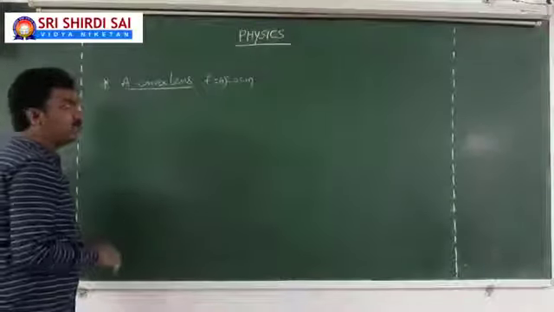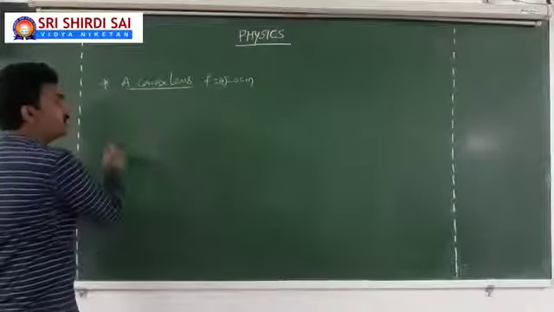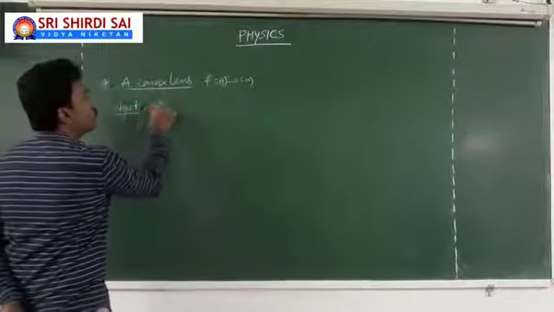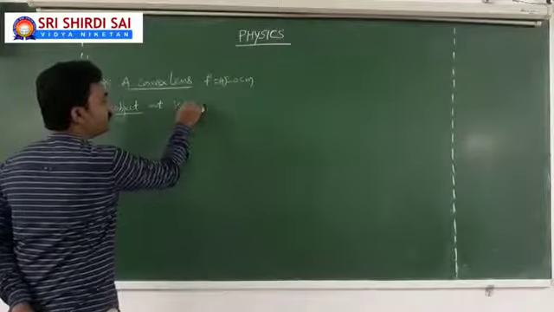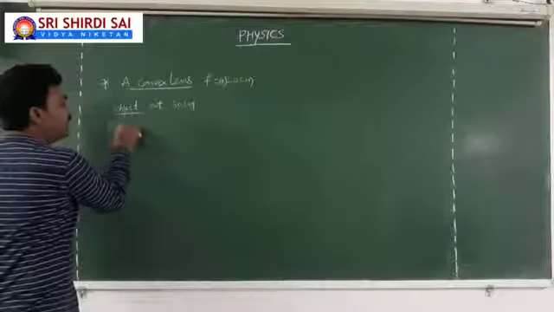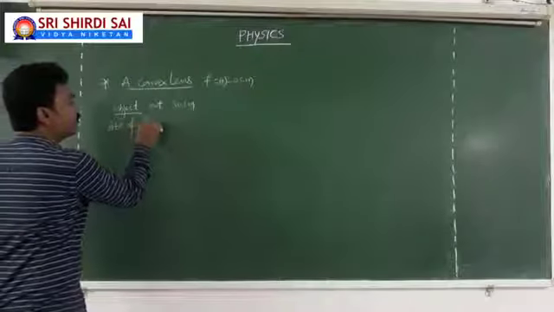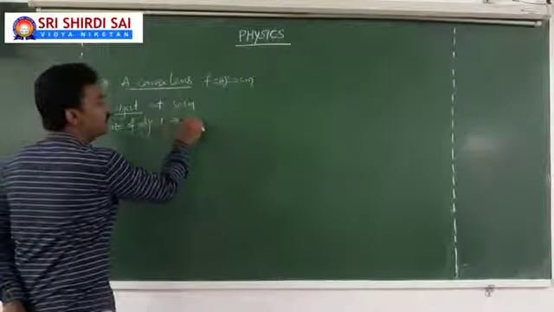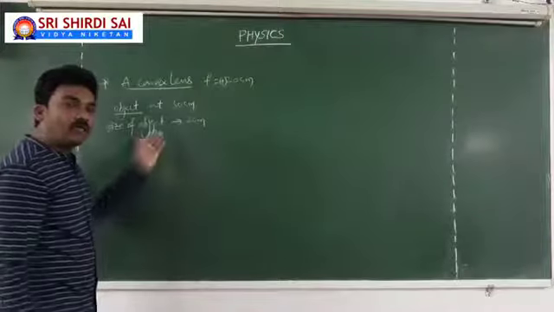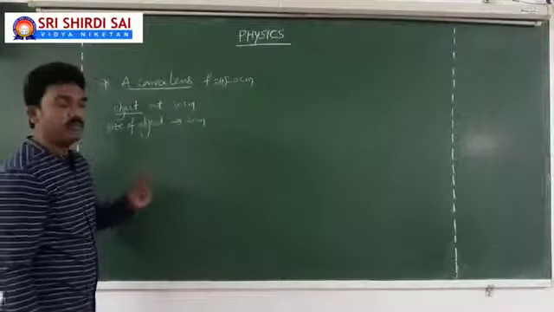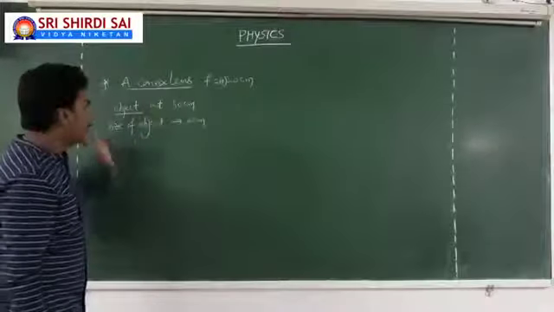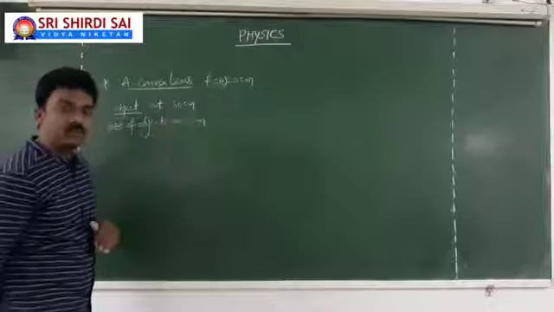An object is placed in front of the convex lens at 30 centimeters, let us suppose, and the size of the object is 2 centimeters.